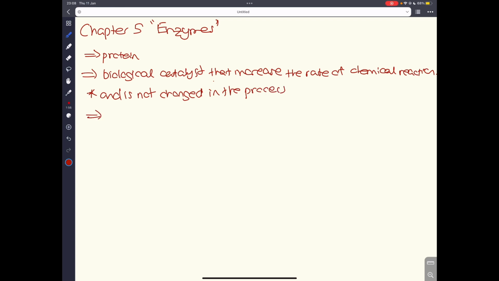And therefore, we can see that enzymes can be reused. Enzymes are constantly reused, right? You have to know that enzymes are proteins. Now, these proteins are involved in all metabolic processes and reactions.